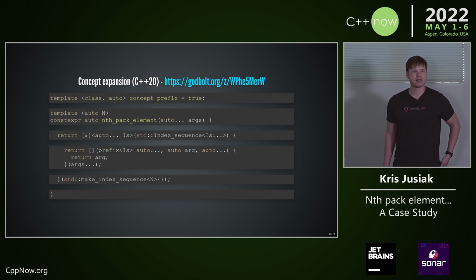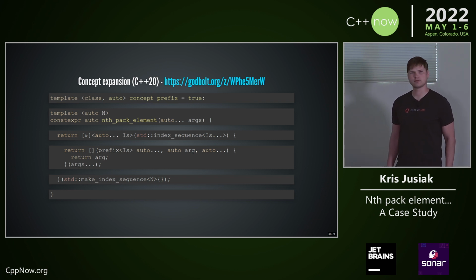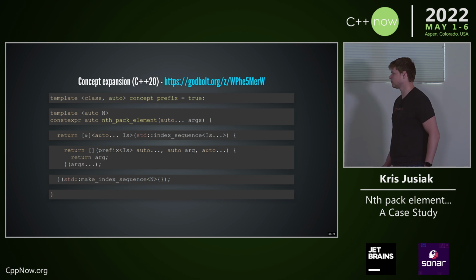Question? I think what might clear up the previous question is that those two ellipses mean different things. Yeah. One's a pack expansion, one's a pack deduction. Right. Which one is which? This is an expansion. Okay, there's more comments.